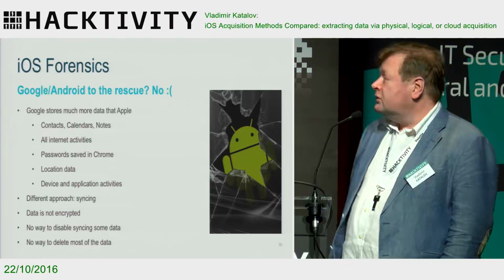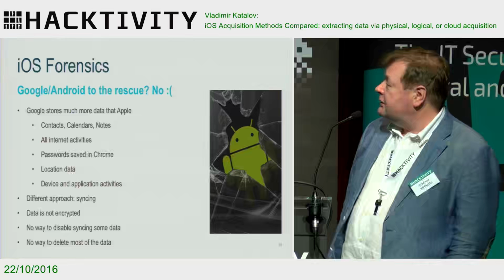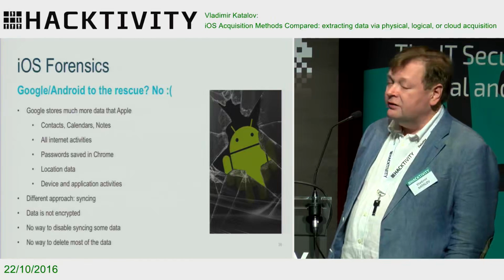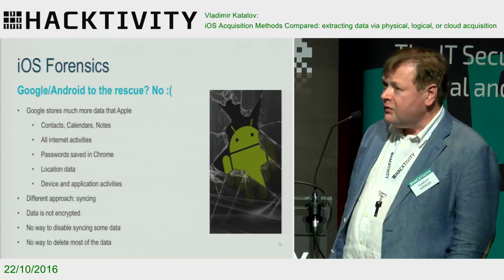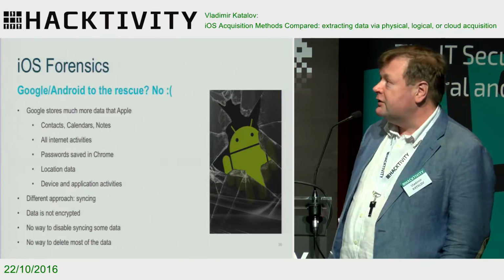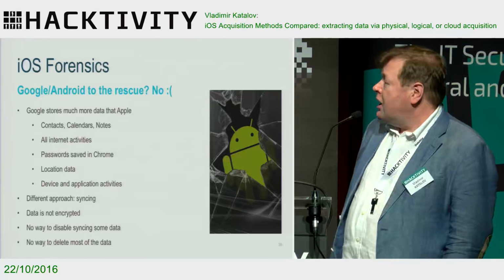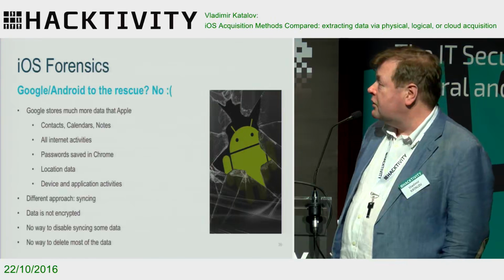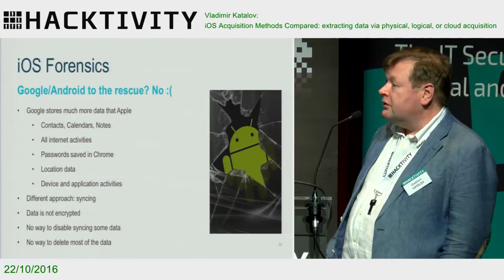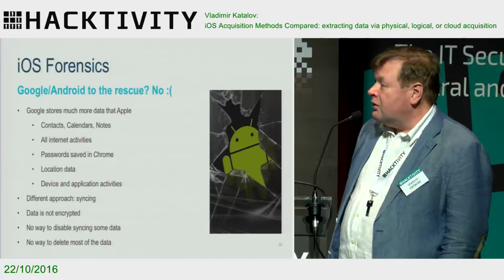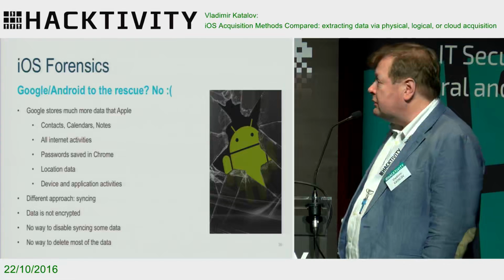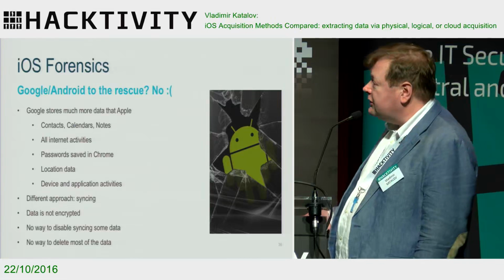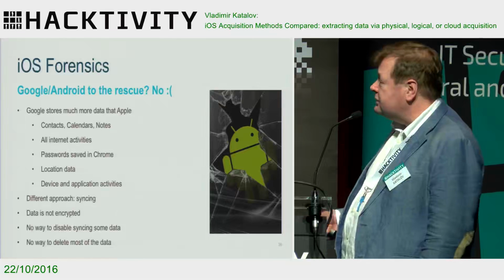But still, Google uses a different approach, as I said: synchronization mechanisms. And if you enable it, and sometimes you don't even know that it is enabled, but it is, most of the information is synced between your Android devices and your Google account, including all of your internet activities, all the data you type and enter into Google Chrome, and the passwords saved there, sometimes even credit card numbers, or at least the last 4 digits.